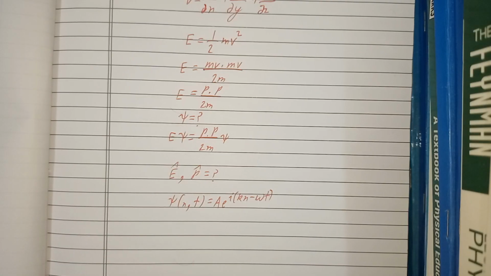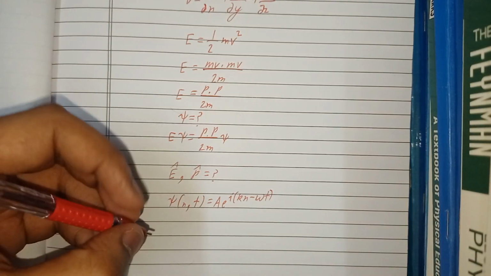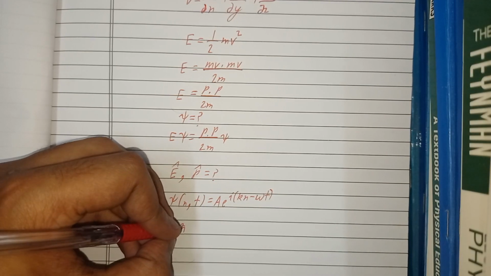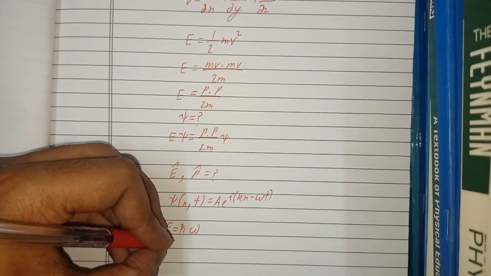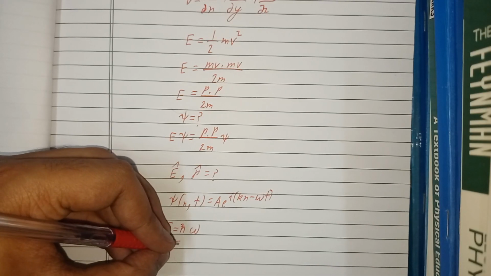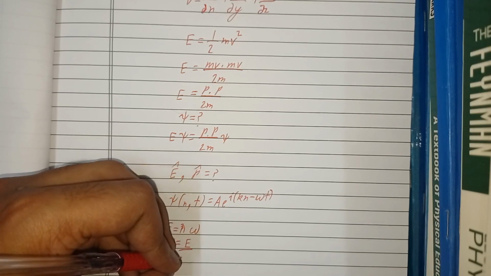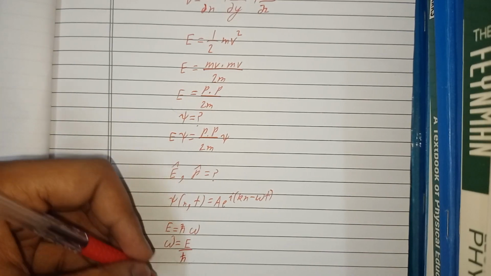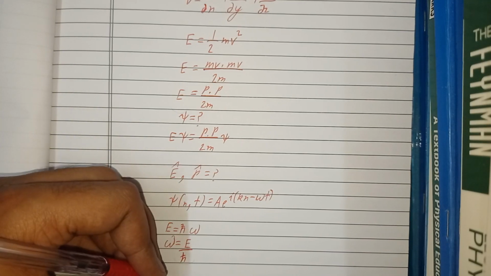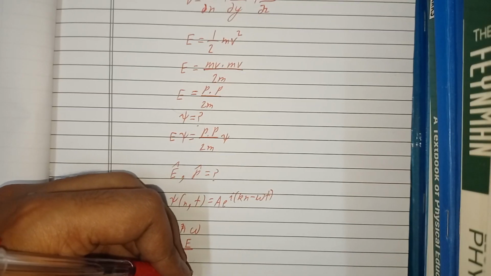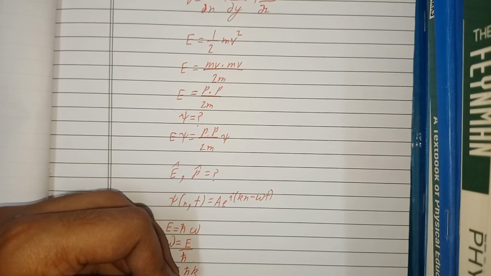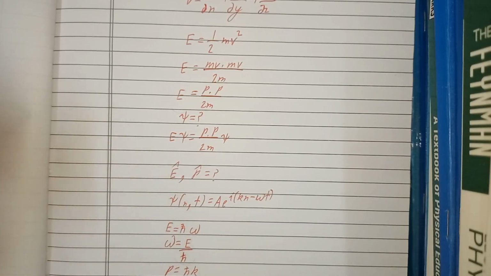Using the Planck-Einstein relation, we know that A is equal to reduced Planck constant omega, and omega is equal to E upon reduced Planck constant. We also know the de Broglie relation, which is p equals reduced Planck constant k, and k is equal to p upon reduced Planck constant.